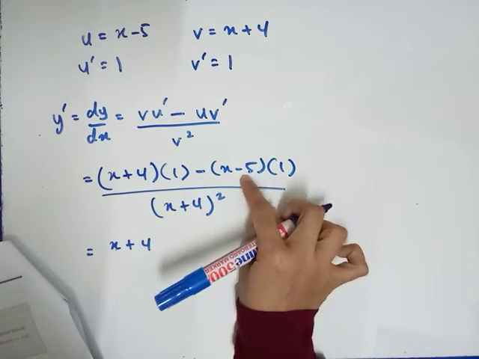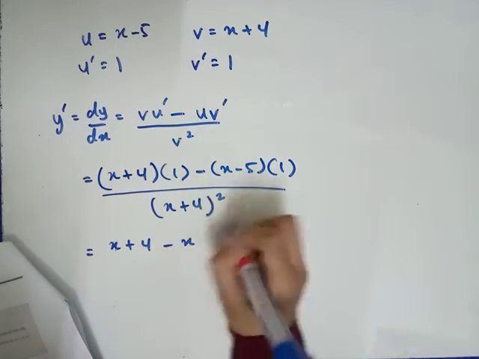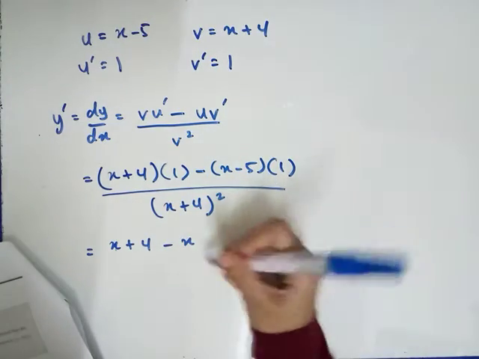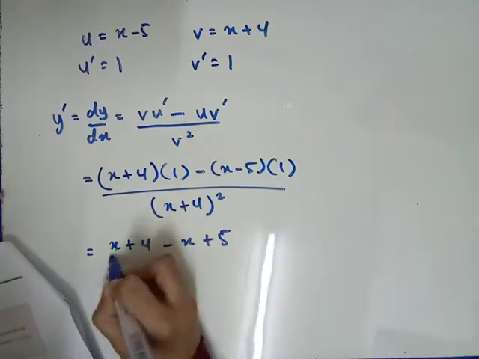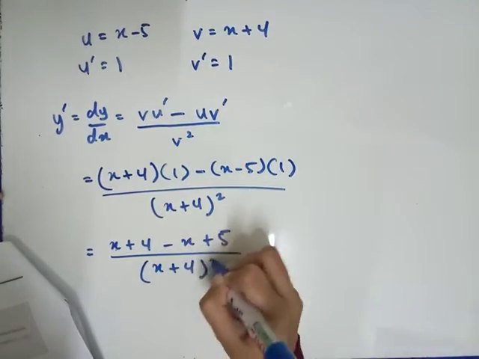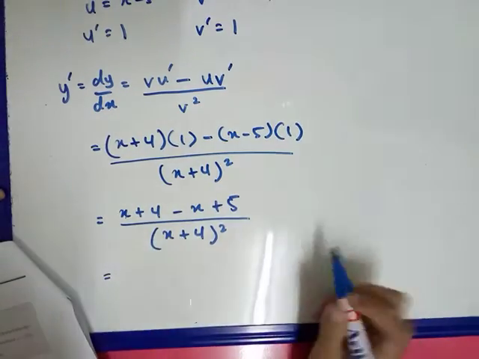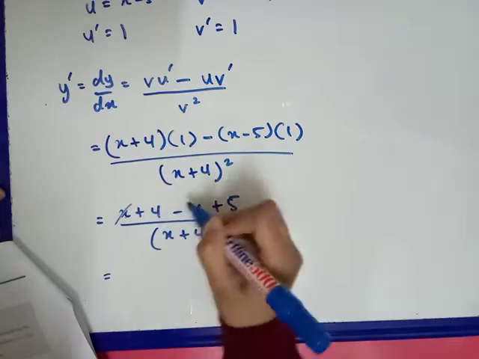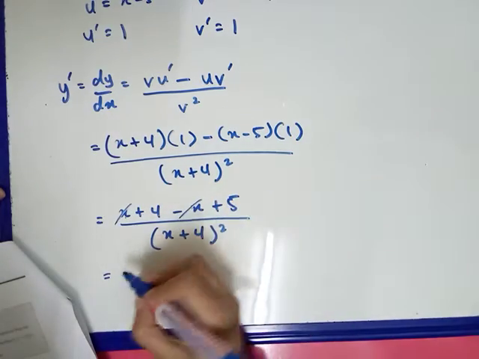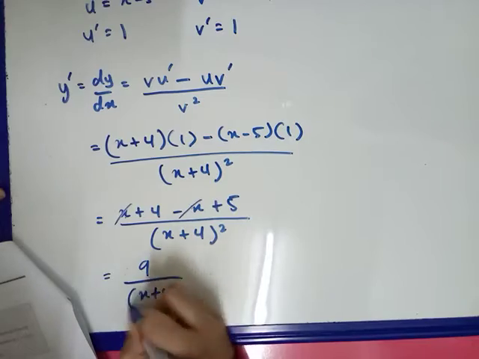Negative x minus 5 times 1, so negative x, positive 5. Divided by x plus 4 power 2. No need to expand this one. x minus x, you get 0. So 4 plus 5, you get 9, over x plus 4 power 2.